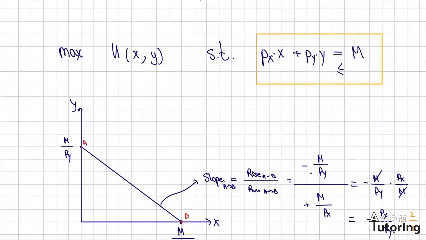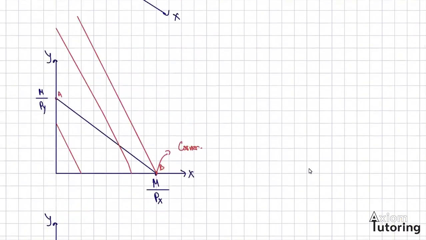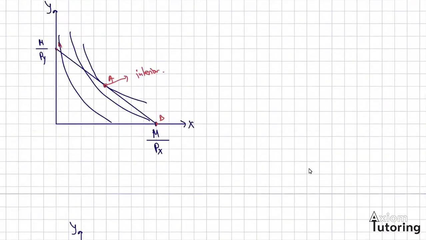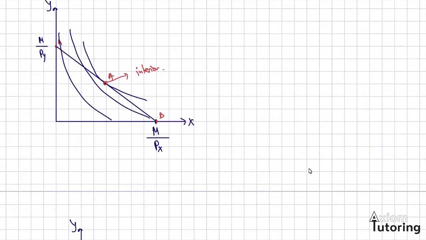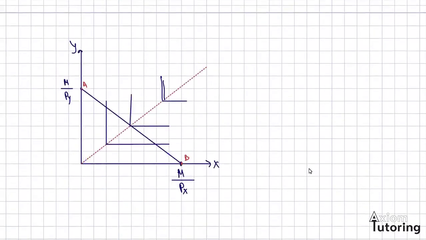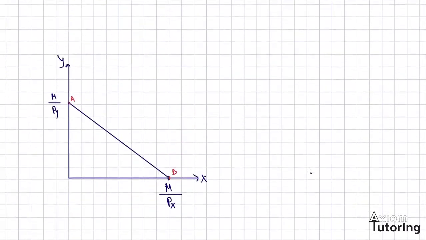In the next video, we'll take each of these classical ones. This linear one is perfect substitutes. This smooth one might be a Cobb-Douglas, or it might be a quasi-linear, and this one here would be a perfect complement.